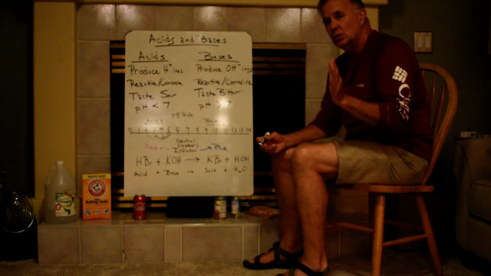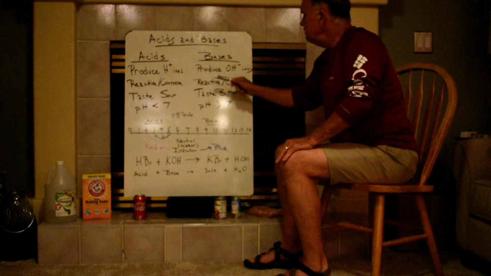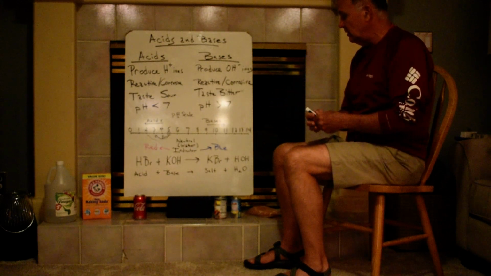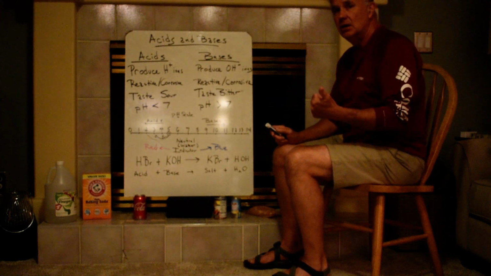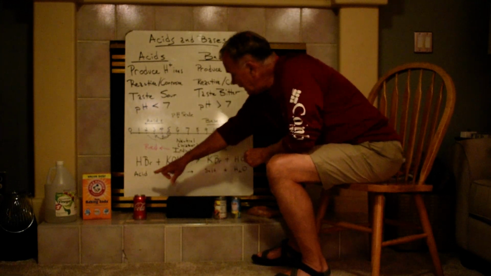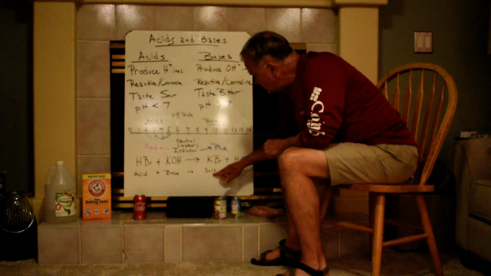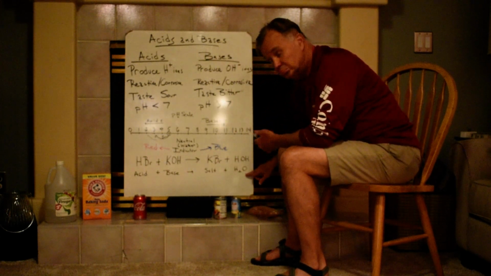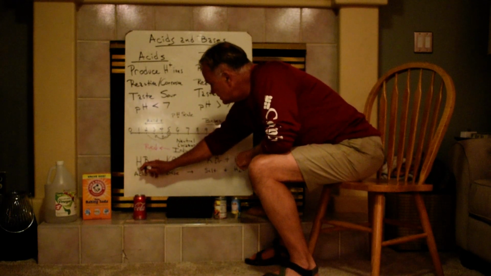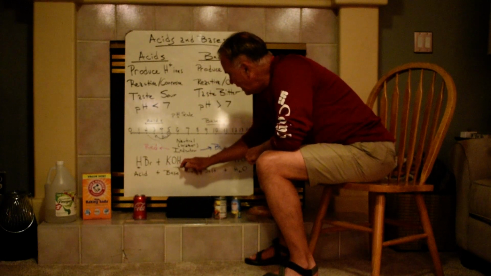Now, cool thing, acids and bases can both be very reactive and corrosive, but if you put them together, they can neutralize each other. This common reaction is called a neutralization reaction. When you add an acid to a base, it always produces a salt and water. If you look at it here, this makes it an acid, it's H. This makes it a base, OH.